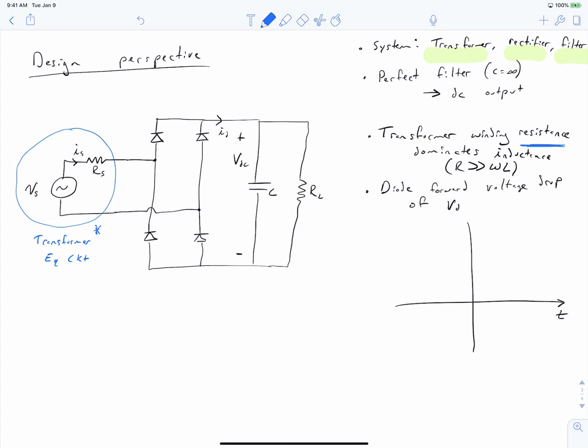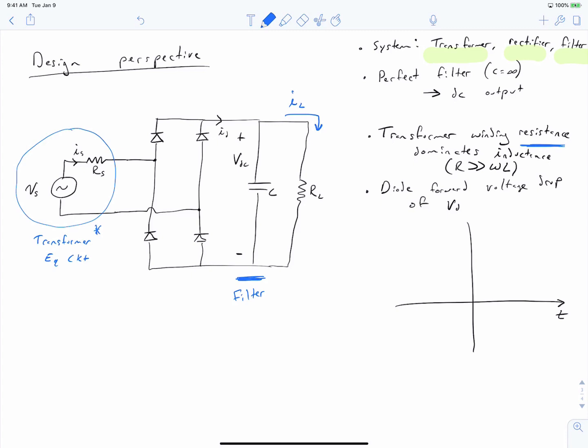On the output of our system, we've got our filter, and we are going to model the filter as having an infinite capacitance. If the filter has an infinite capacitance, the voltage is fixed at a DC value. And this means that our load voltage is constant and our load current is constant because we've chosen to model the load as a resistor.